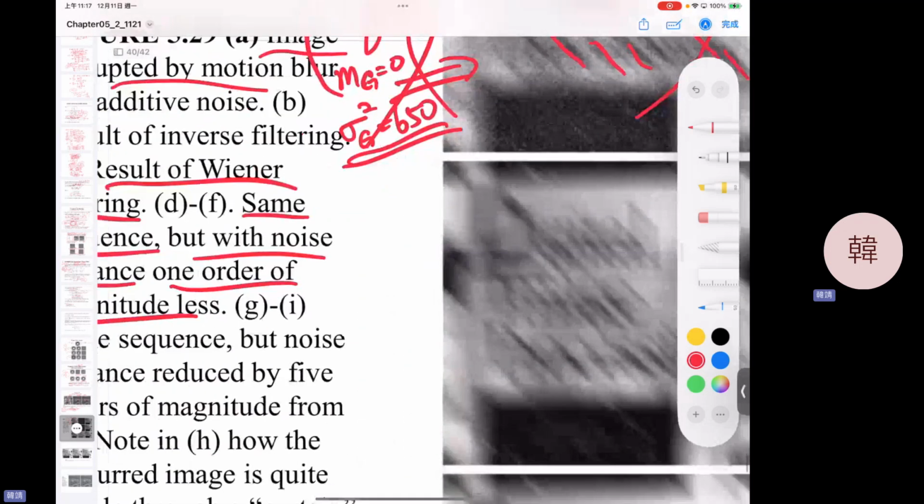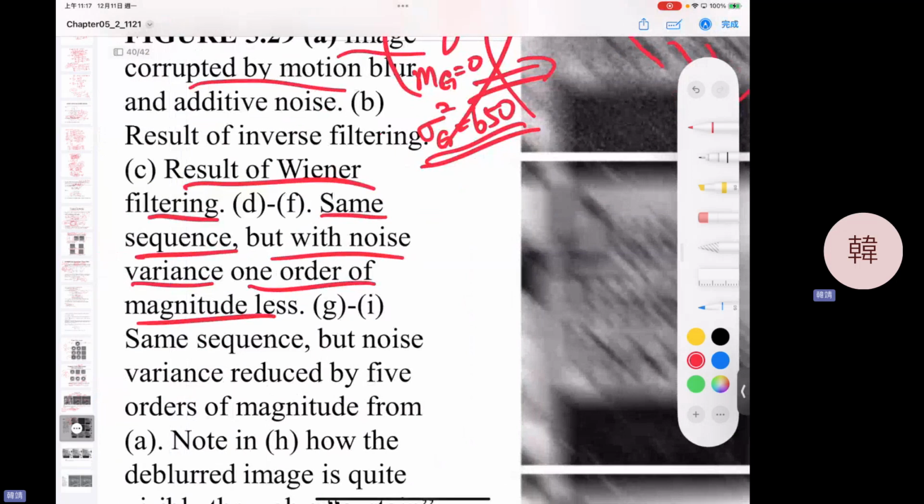But if we just lower the variance of the Gaussian by one order, okay, so D to F, same sequence, but with noise variance one order of magnitude less, so maybe it's 65 for this one. Okay, maybe because you know what it is, you can see, oh, it's a digital image textbook.